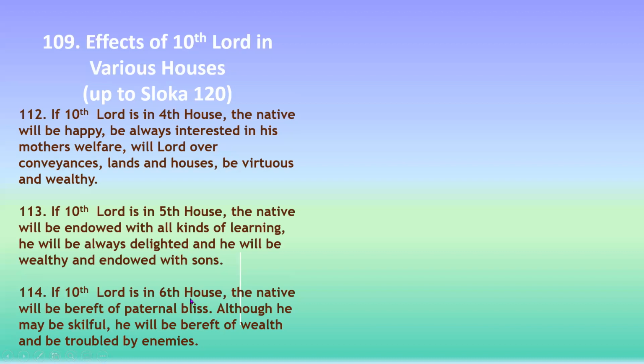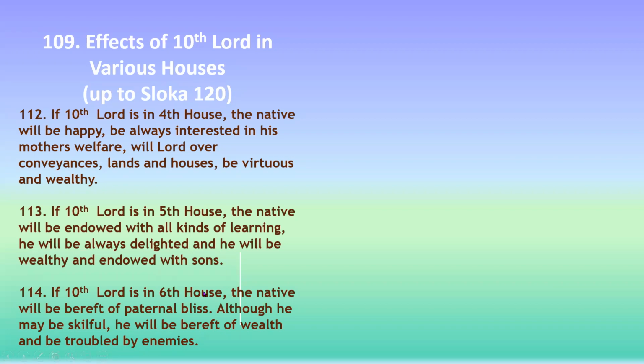If the 10th lord is in the sixth, the native will lack paternal bliss. Although he will be skillful and benefit in wealth, he will be troubled by enemies. Unless he is a doctor or a consultant, or in the military or police, or a malefic like Mars, then he'll be a lawyer.